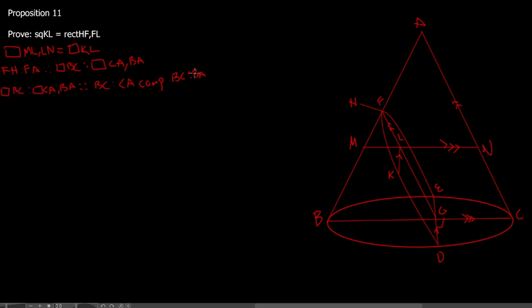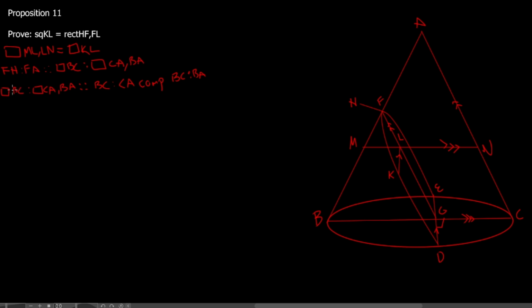And we could do this in reverse. If we have something like this, we could say that this is in the same ratio with, and then we could sort of FOIL, BC square is to CABA as a rectangle. But you'll see me doing that as we go forward.